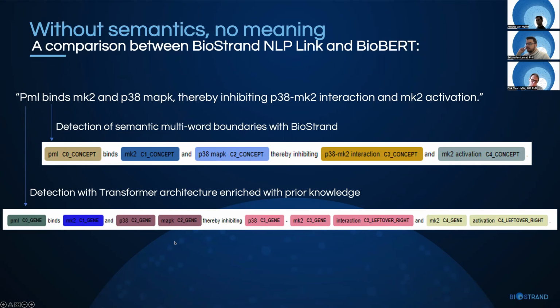And then if you look at what happens when you use this transformer architecture to do the mapping, like BioBERT, you see that only small parts of this sentence, or even of a concept, are mapped to, for instance, a certain gene, like you see with PML1 in the beginning of the sentence.